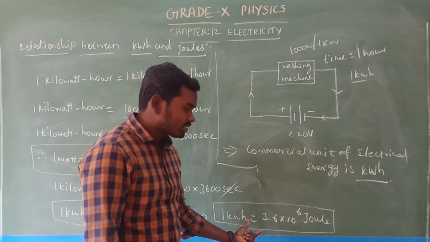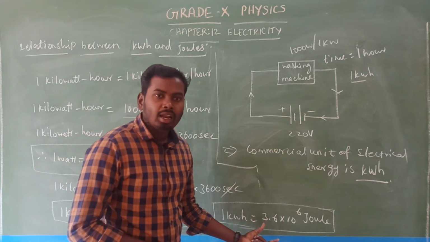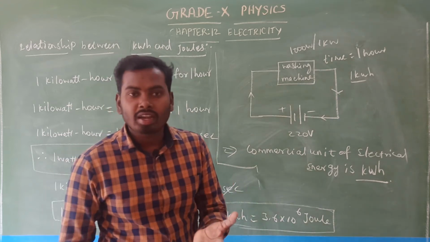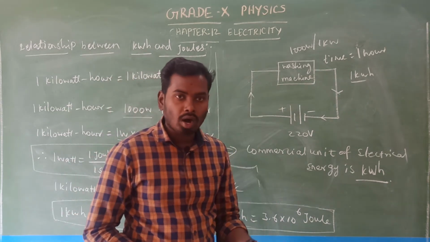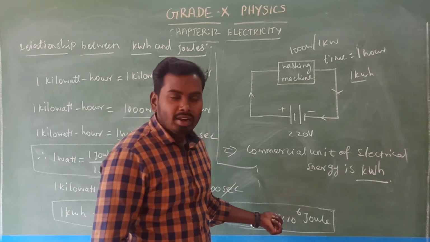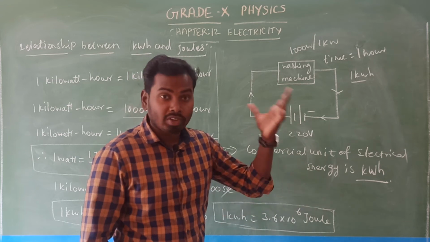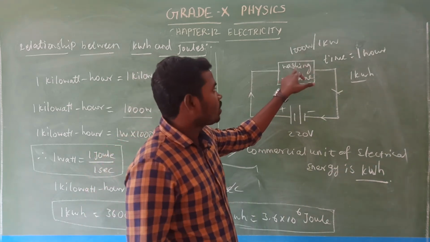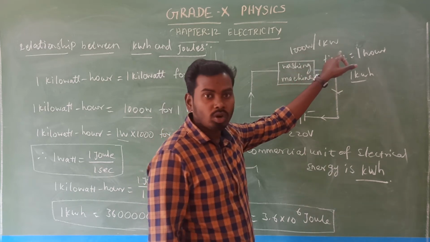So what does it mean, sir? Whenever an electrical appliance has a power rating of 1 kilowatt and is used for 1 hour, it will consume 3.6 into 10 to the power of 6 joule of electrical energy. Suppose we consider a washing machine. That washing machine's power rating is 1 kilowatt.